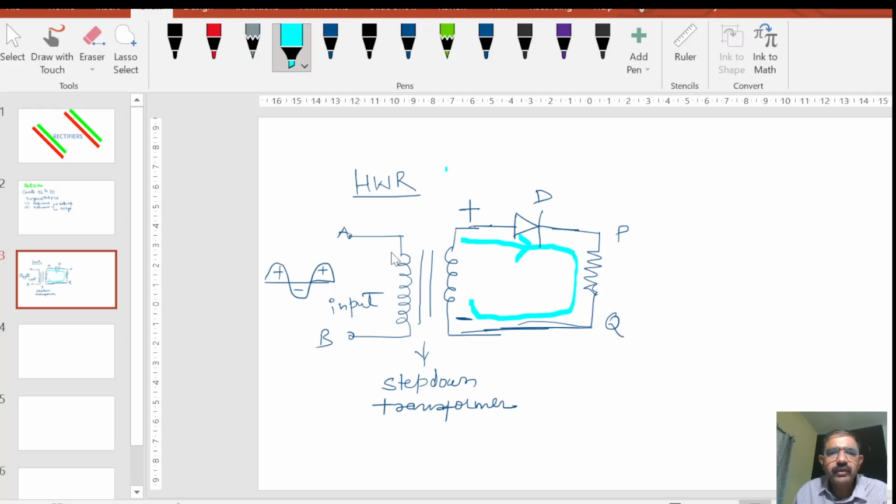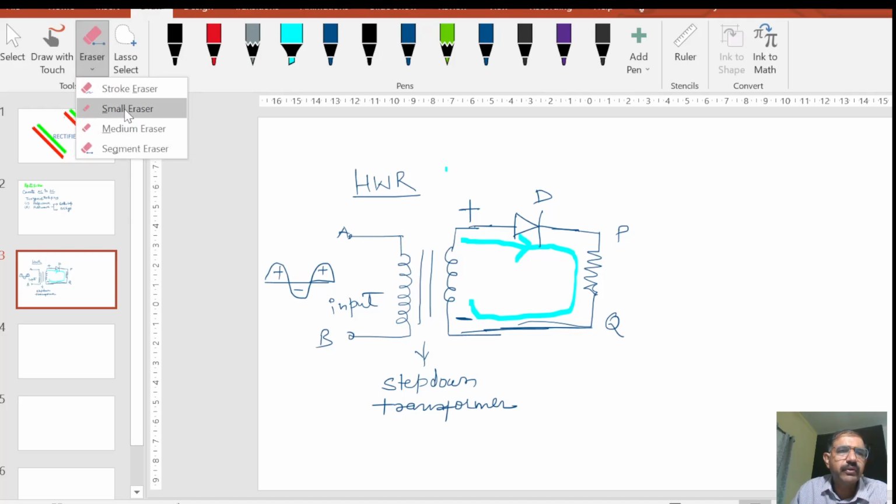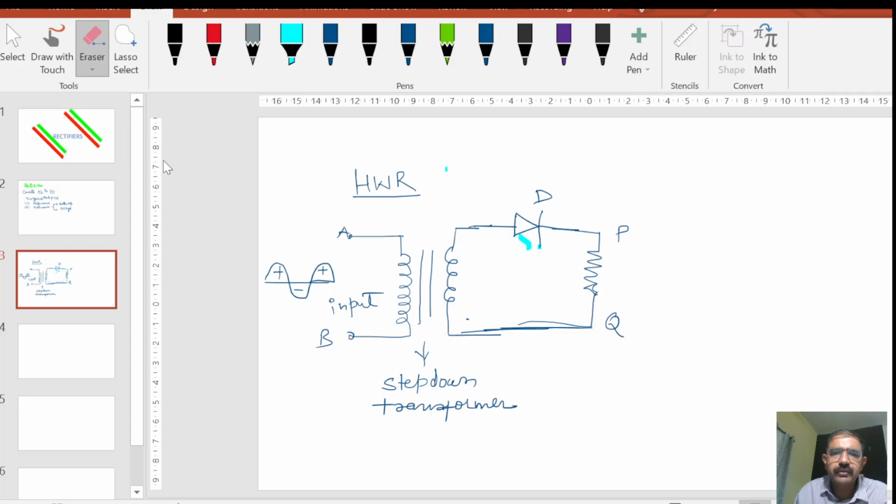Now, what happens during the negative cycle? Basically this end becomes negative and this end becomes positive.